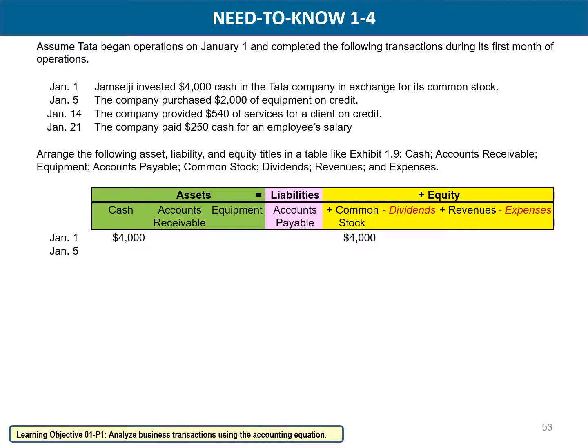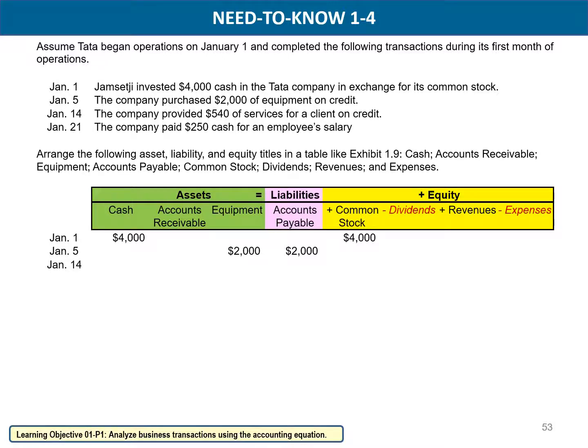And so on January 5th, what two accounts are affected? Well, they bought equipment, right? So our equipment account is going up by $2,000. And when they buy something on credit, they're not paying for it now, so it doesn't affect your cash account, but it does affect your accounts payable. Accounts payable is money that you owe now, but you're going to pay later.